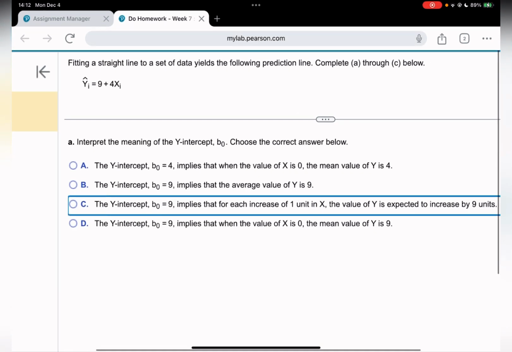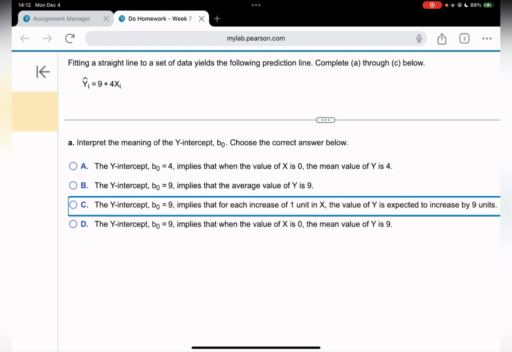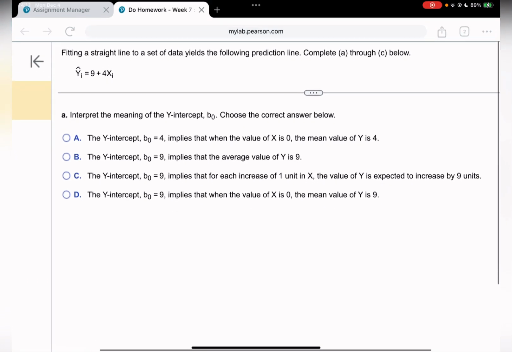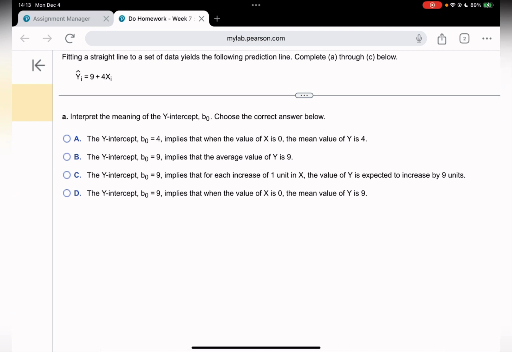Let's read it. The y-intercept b0 equal to 9 implies that the average value is 9. That's not true. The average value will be equal to 9 only when x is equal to 0, and that's what we need to find. Here it is, D, I see.